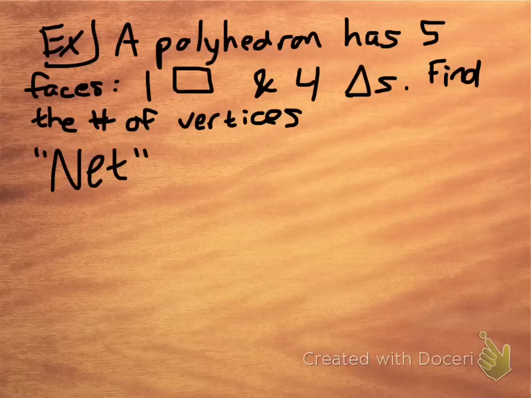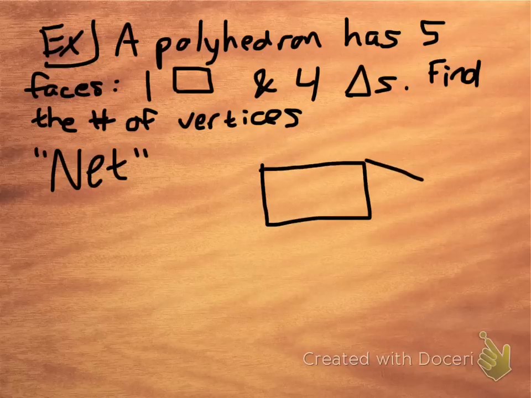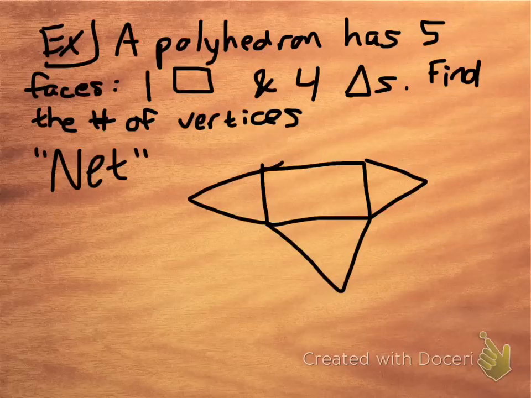I'm going to estimate what it will look like. If I have a rectangle, and it's connected to 4 triangles, there's going to be a triangle on each of these sides here. So imagine that these folded up and these triangles all connected, and it would end up looking something like this.